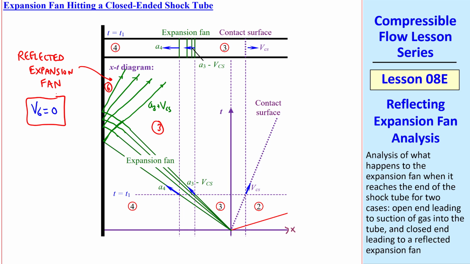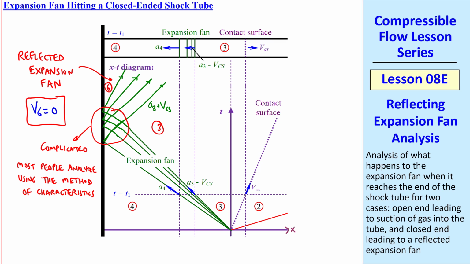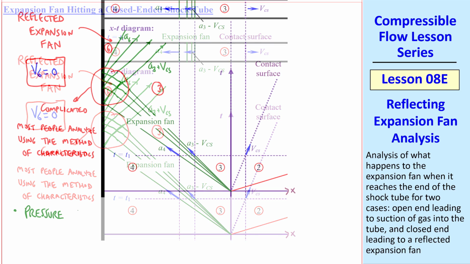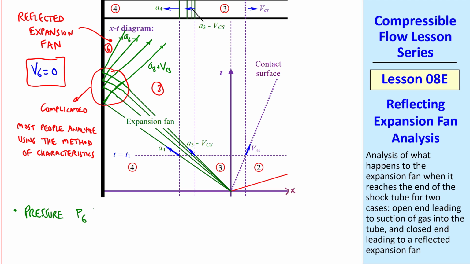We did a similar analysis with the shock hitting the wall. But this region is complicated. Most people analyze this using the method of characteristics, which I don't have time to get into in this course. This trailing wave thus moves at speed A6, since this gas is stationary, much like it moved at A4 in this stationary region. But what about the pressure in region 6?